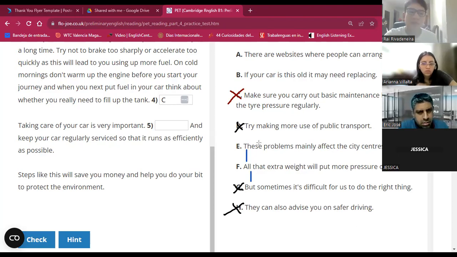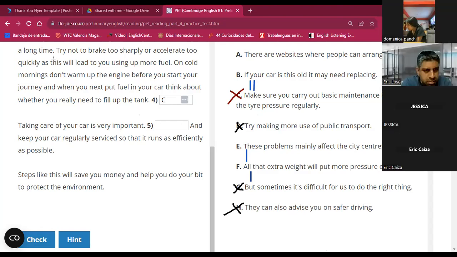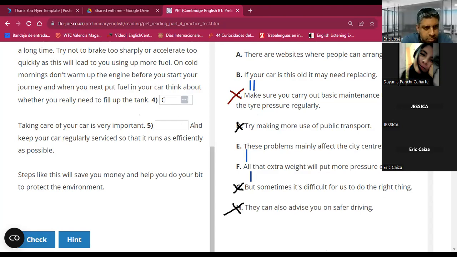Letter B. Okay, Ariana says letter B. Yes, letter B. Okay, Domenica? Letter B. Okay. Dayanis? Letter B. Okay. Yes.